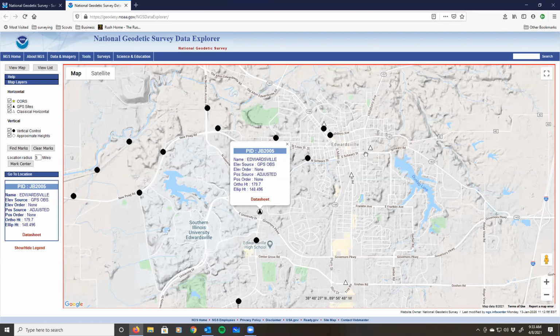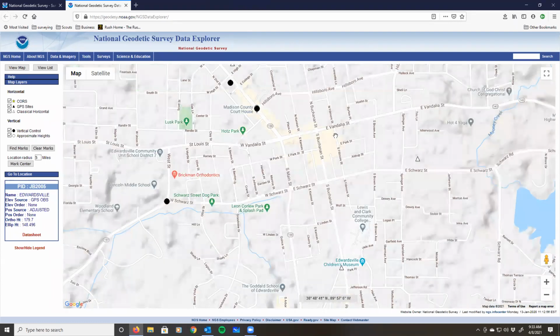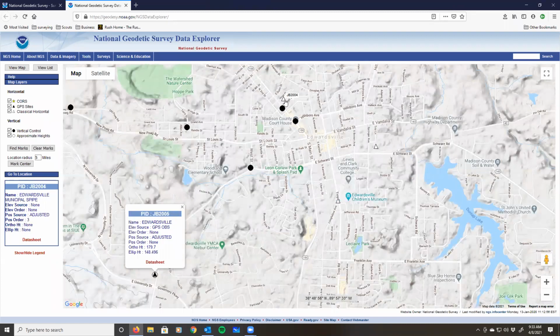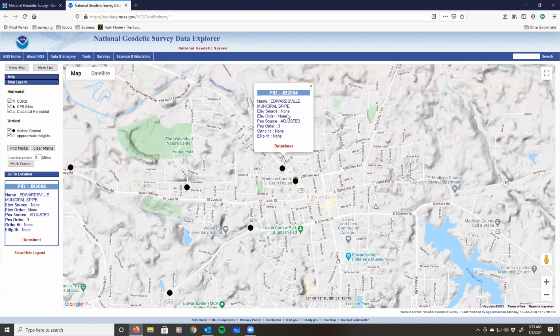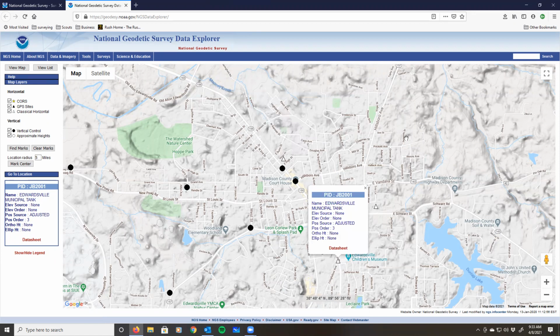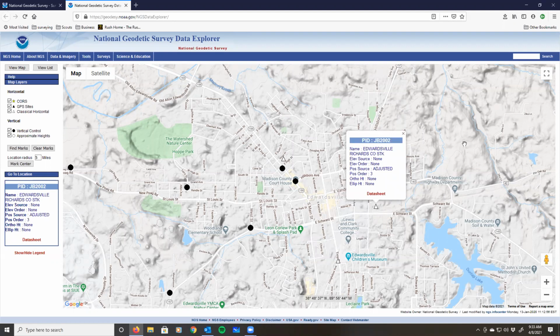There are some other points here. JB 2004. These are old horizontal control points. Goes back to the days when they would set up towers and take Edwardsville Municipal Water Tank. Those are all kind of horizontal control points.